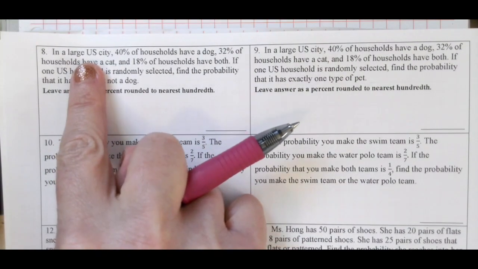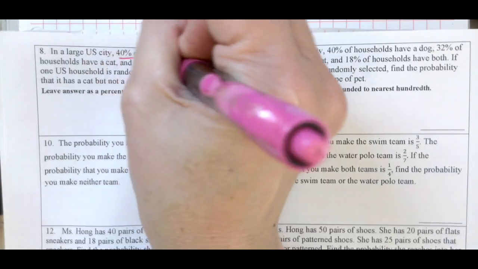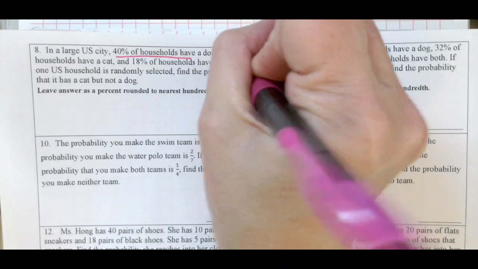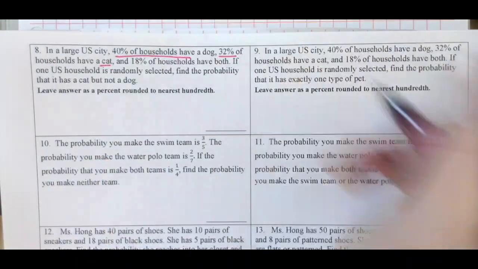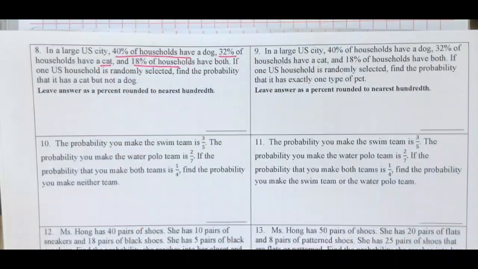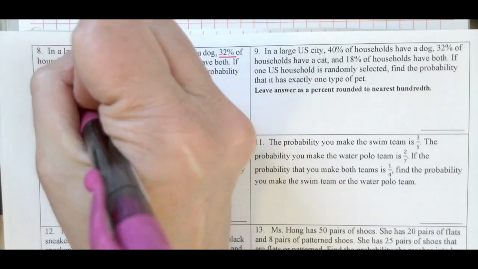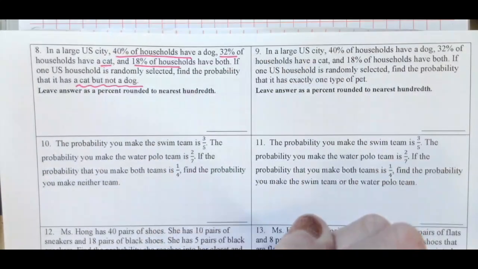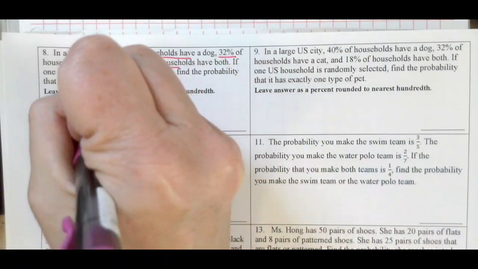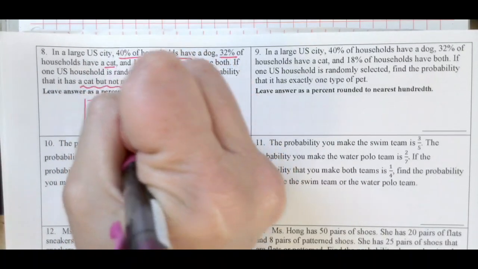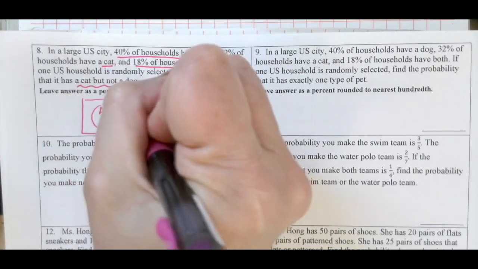Okay, so large city, 40% of households have a dog. 32% have a cat. 18% have both. Okay, if we pick one U.S. household at random, what's the probability it has a cat but not a dog? So if we visualize with a Venn diagram, here's our dogs, here's our cats.